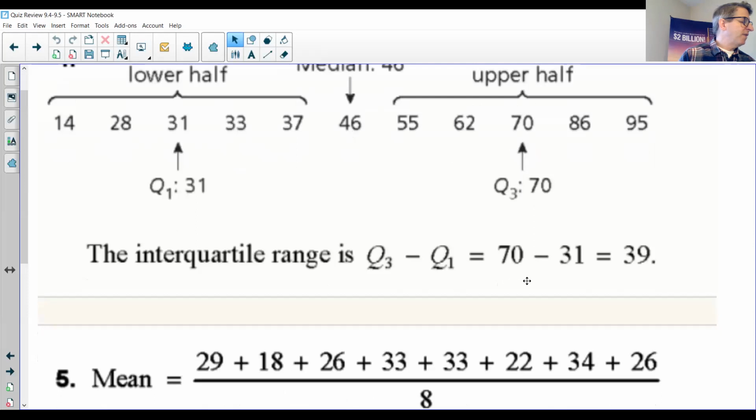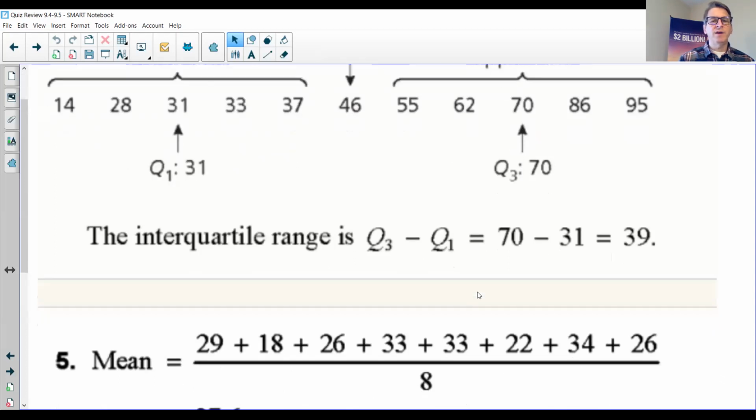Number 5: find and interpret the mean absolute deviation of the data, rounding your answer to the nearest tenth if necessary. Here again, the first thing we want to do is find the mean. We've got all these data points on the ages of television show viewers.